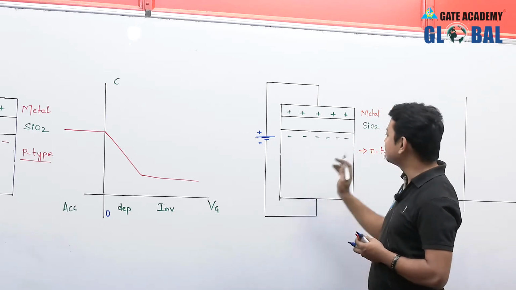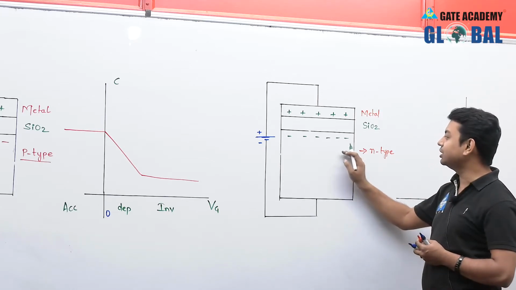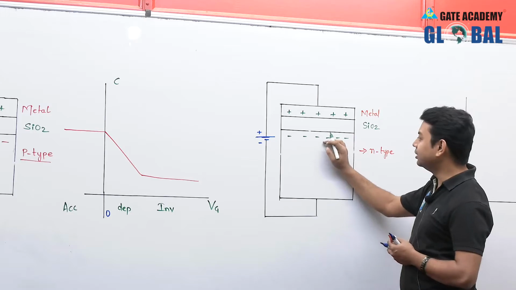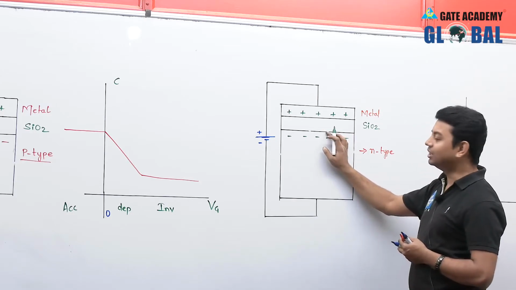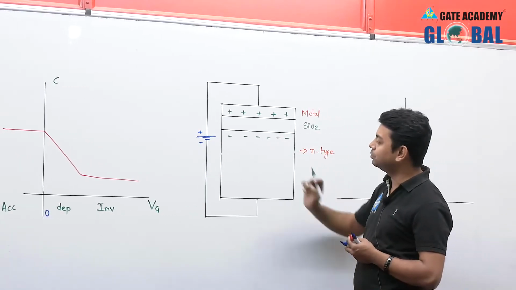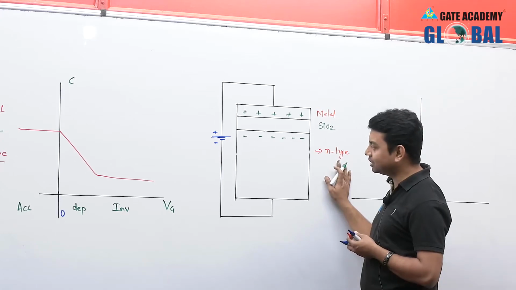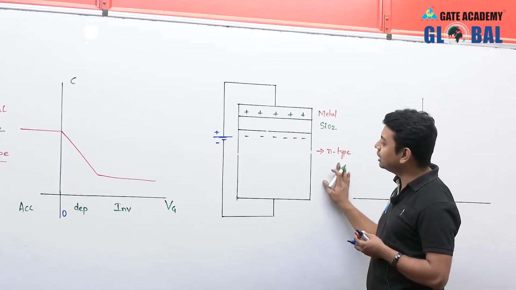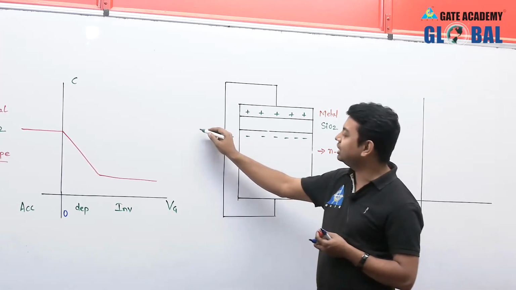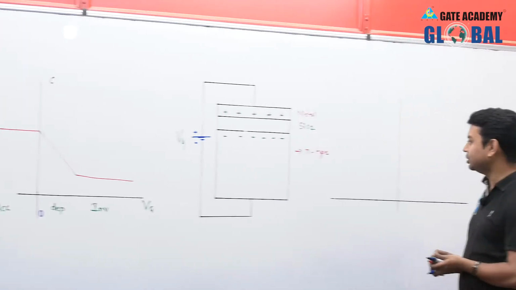That means, if the semiconductor's majority charge carriers get accumulated below the silicon dioxide layer, then this is known as the accumulation mode. That means accumulation mode in an N-type semiconductor can be seen if the gate voltage Vg is positive. So if Vg is positive, we have the accumulation mode.